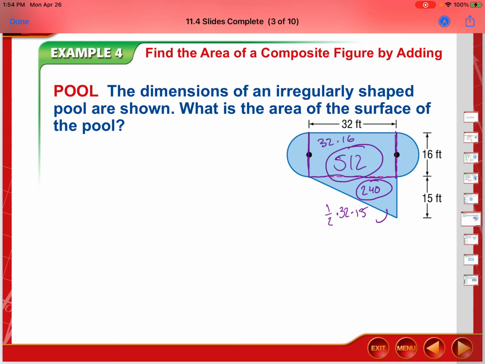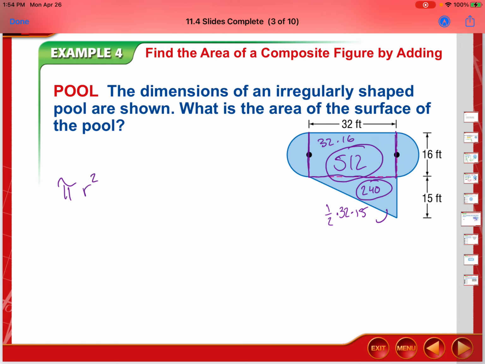Now, the last piece we have to do is these two semicircles. I'm going to shove them together and call that one whole circle. There will be times where you have to do the whole circle and then divide by 2 because there will only be one semicircle. That is not the case for this problem. So my area for a circle is pi r squared.